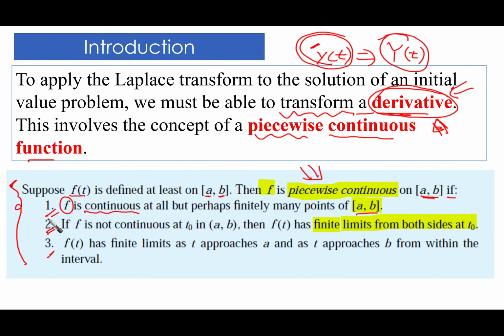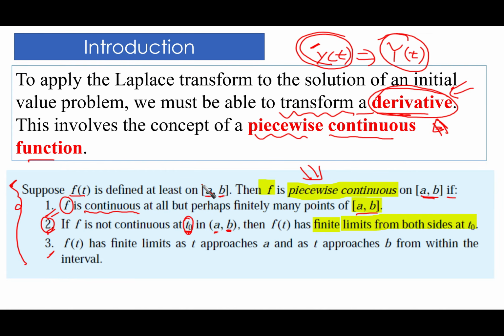And this is condition number two. If the function f is not continuous at t naught, any point on the interval called t naught in (a, b), take care here, the parentheses are not like rectangular brackets.